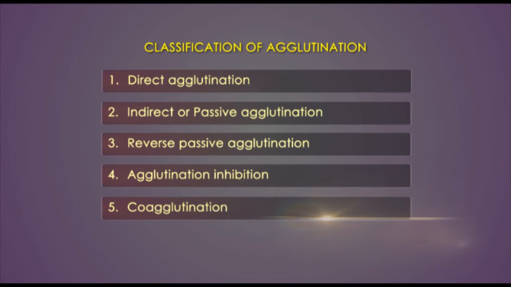Co-agglutination. In co-agglutination reaction, inert bacteria are used as the particles onto which antibodies specific to antigens to be tested are coated.